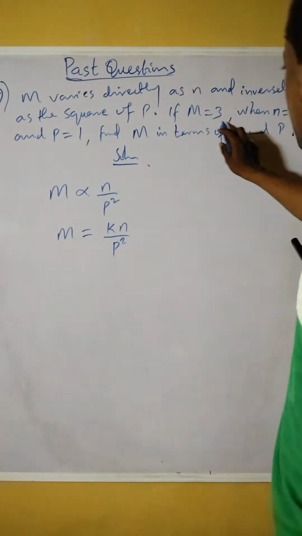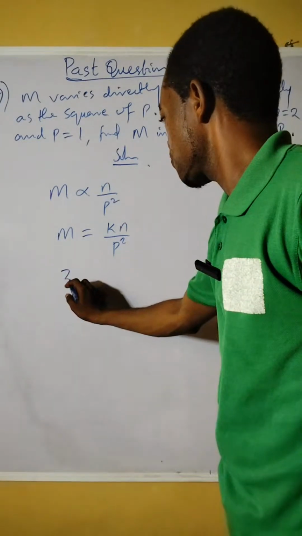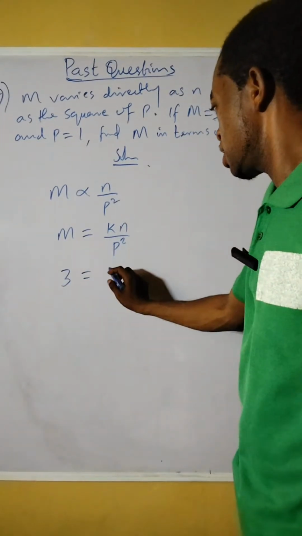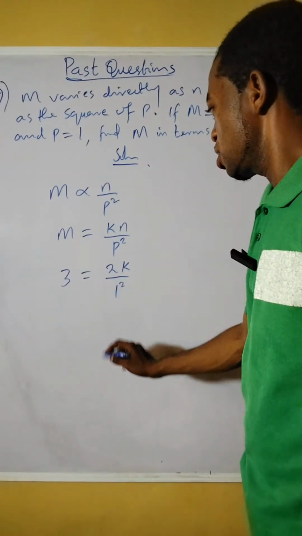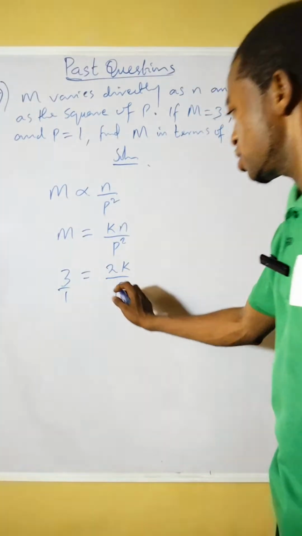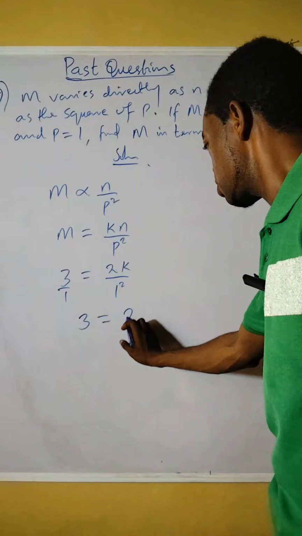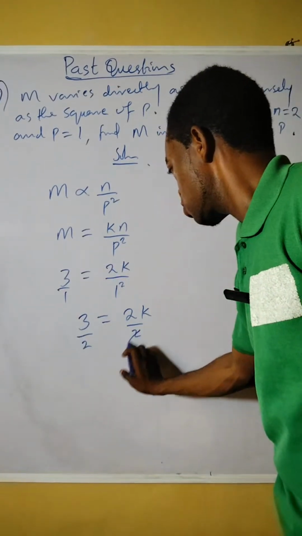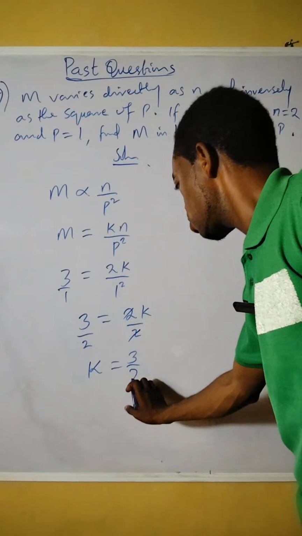Now, substituting the values to get k, m is 3, then n is 2, so 2 times k, that's 2k, over p is 1, that's 1 squared. When we cross multiply, 1 squared is still 1. 1 times 3, that's 3, equals 1 times 2k, that's 2k. So divide both sides by 2 to get the value of k. The 2s cancel each other here, and k equals 3 over 2.